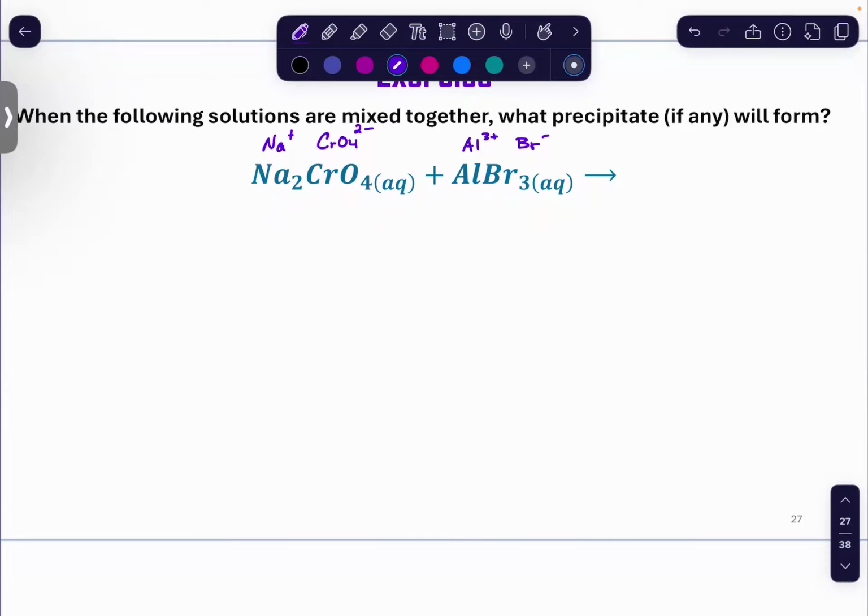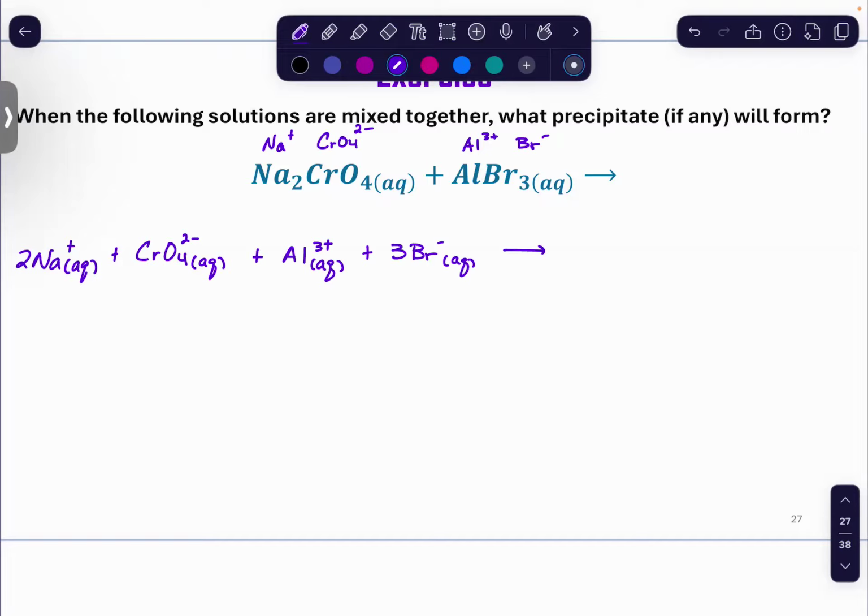Let's break these down into their ions. You get your sodiums, your chromate, your aluminum ions, your three bromide ions.